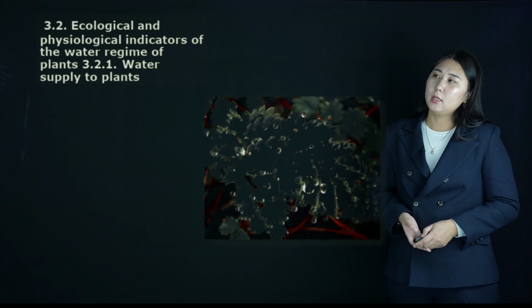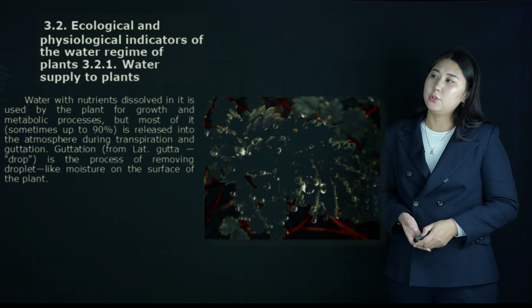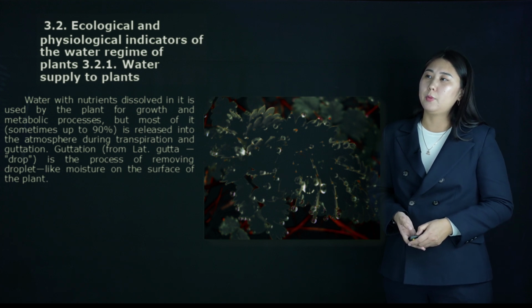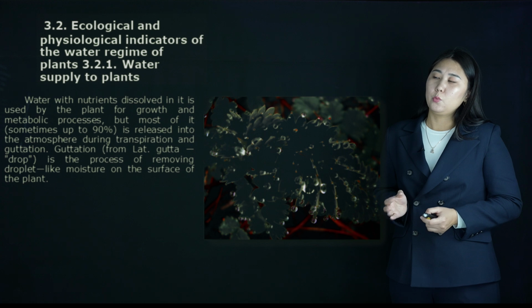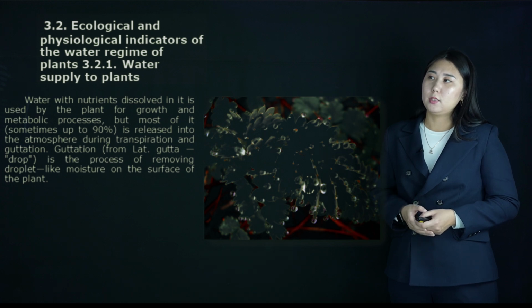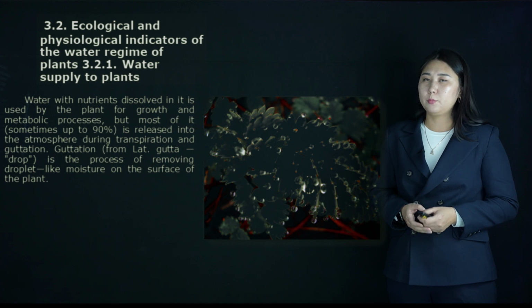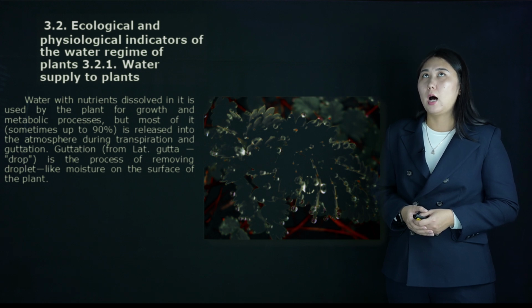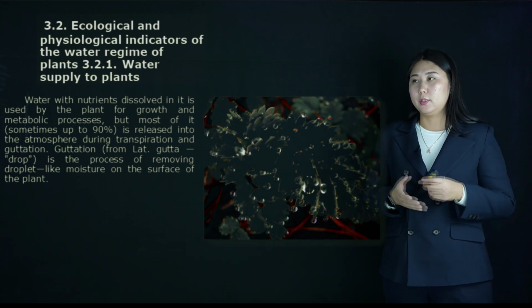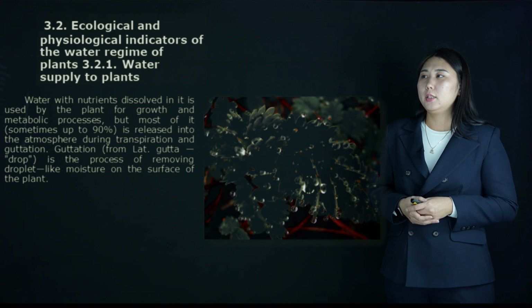The next theme is the ecological and physiological indicators of the water regime and water supply to plants. Water, with nutrients dissolved in it, is used by the plants for growth and metabolic processes. But most of it, up to 90%, is released into the atmosphere during transpiration.